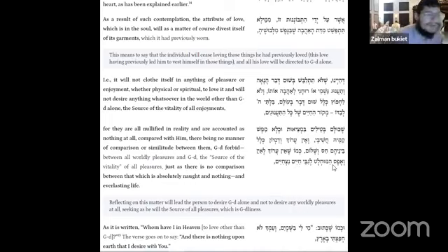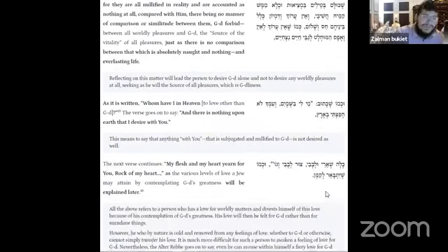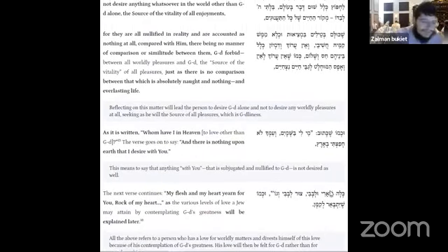Just like there's no comparison between that which is not and that which is, something that is nothing and everlasting life, right? Just like those two things have no comparison to each other, so too HaKadosh Baruch Hu and the gashmius of this world have no comparison at all.